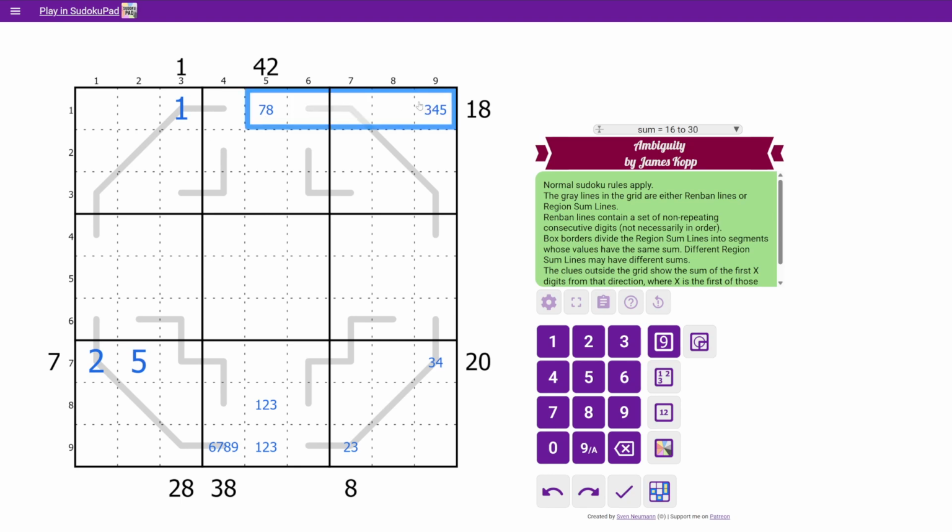But if it was 7, it would have to be 1, 2, 3, 5, which would work. And in both of those possibilities, this has to be 7. But what if this is a 4? Then I need 14 in these 3 cells, and this can be whatever the heck it wants.